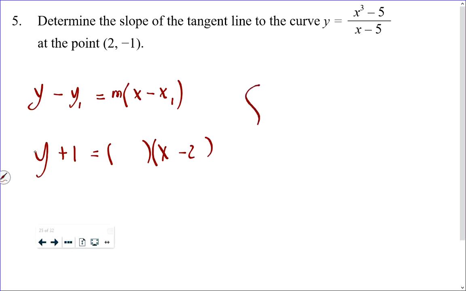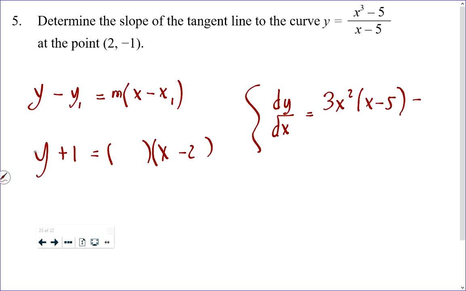So what I need to do is find dy dx. And I'm going to use the quotient rule. The derivative of the top is 3x squared times the bottom, which is x minus 5, plus the top, which, minus the top. Another common mistake, because I make it from time to time, where you're using the quotient rule and you go plus instead of minus.